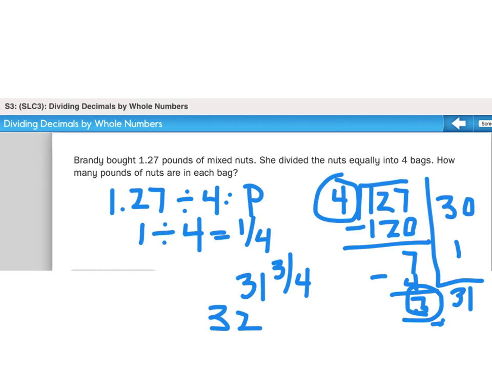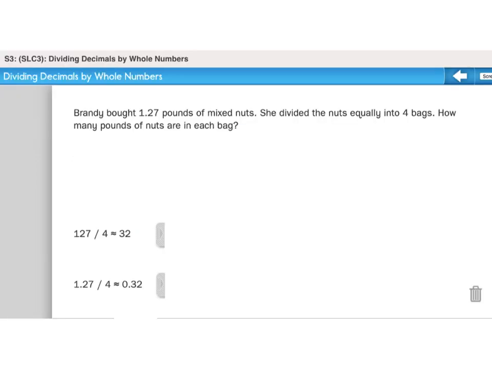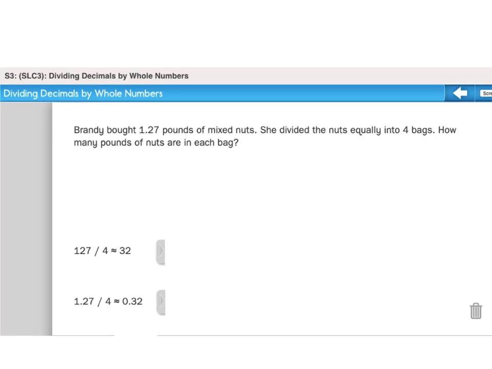It's closer to 32 than to 31. Now, we just said that 127 divided by 4 is close to 32 because we rounded up that answer to the nearest whole number. So we could write it like they've done it right here in this picture for us. And that says 127 divided by 4 is approximately or about equal to 32.